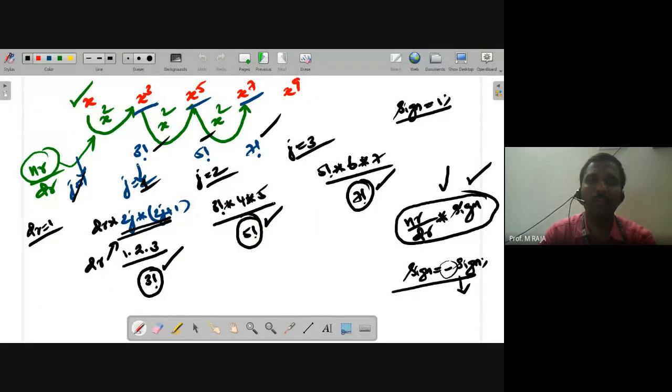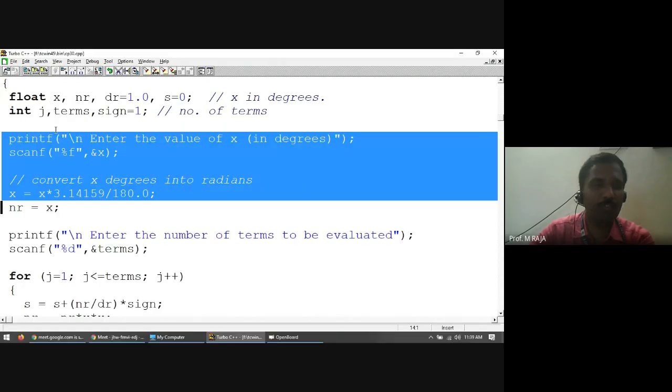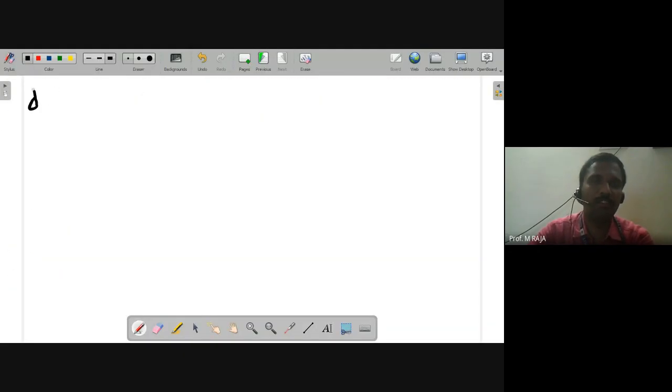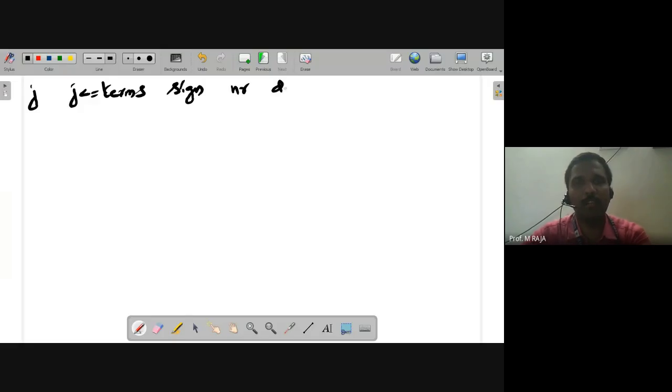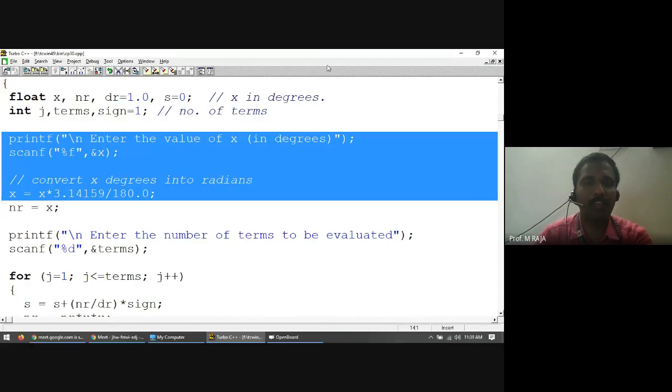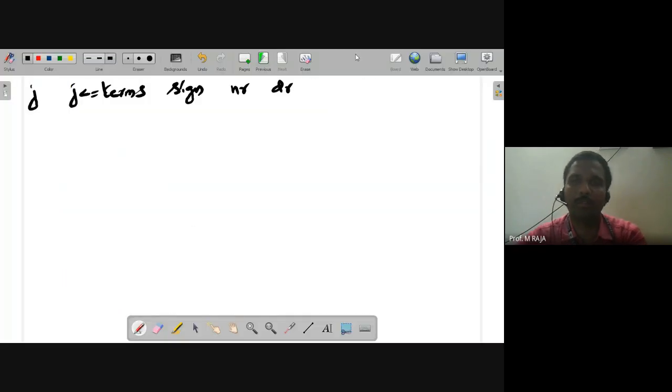Suppose consider the terms, j, checking if j is less than or equal to terms, then we need to have a variable sign, then numerator, denominator, and s is equal to s plus numerator by denominator multiplied by sign.